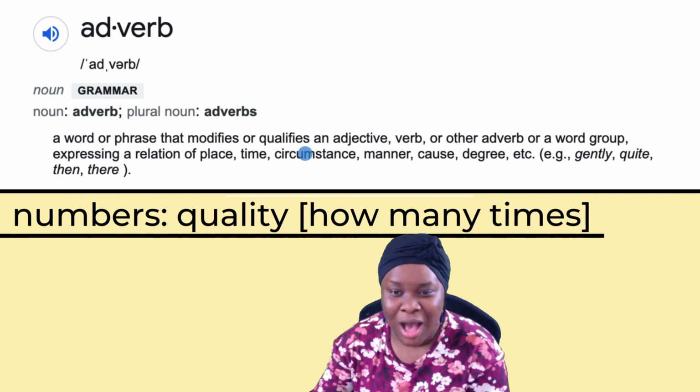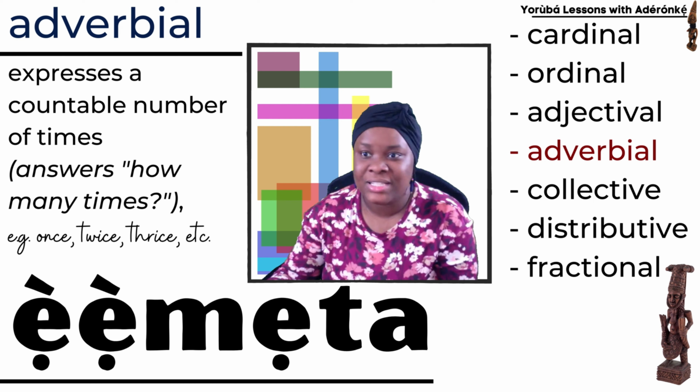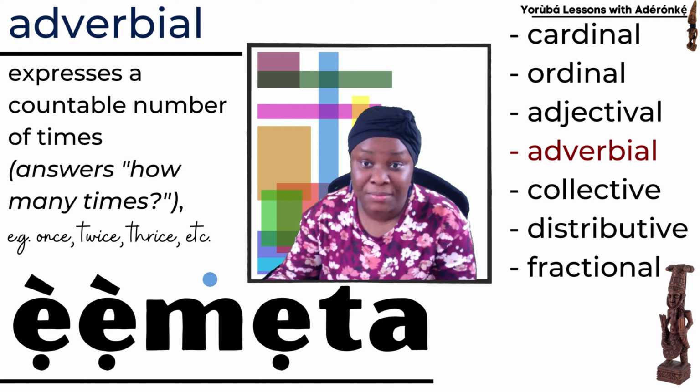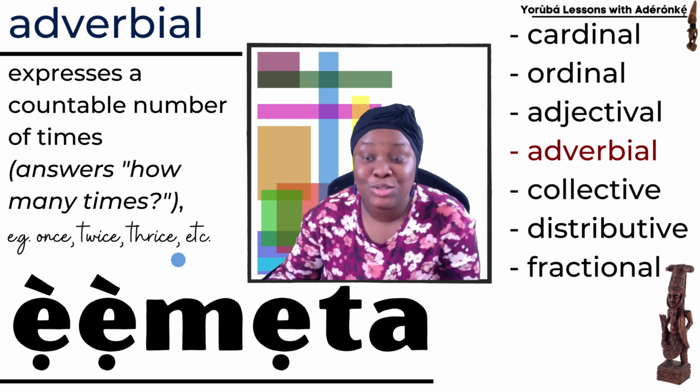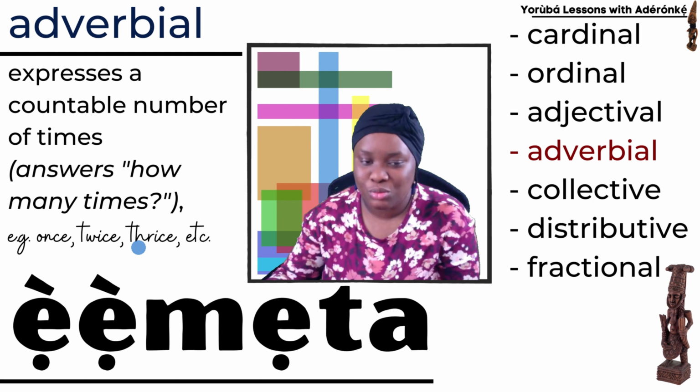So the adverbial expresses a countable number of times and answers the question, how many times? Was it once? Was it twice? Was it thrice? Was it 4 times? Was it 5 times?